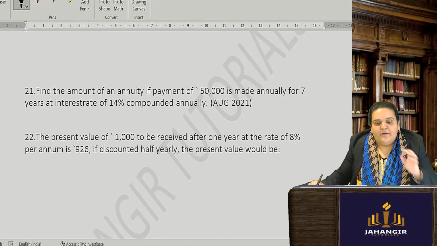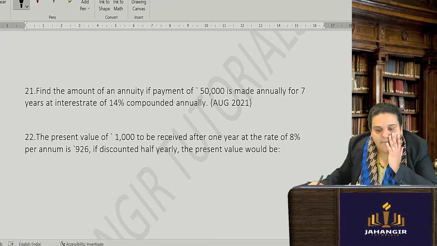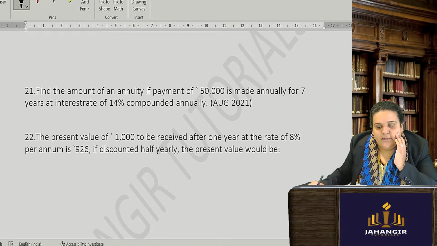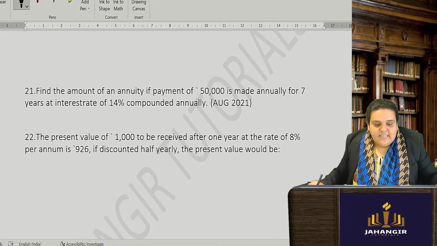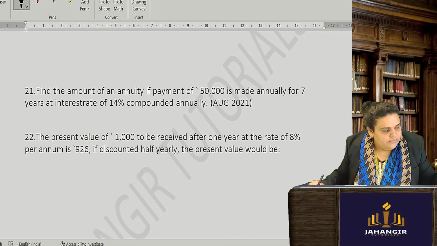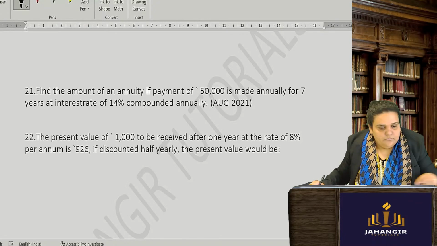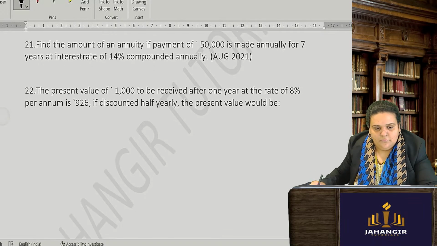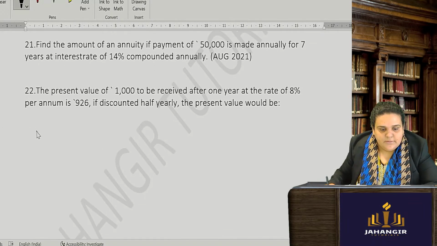21 and 22. Find the amount of annuity if payment of 50,000 is made annually for 7 years at an interest rate of 14% compounded annually. Question number 21.